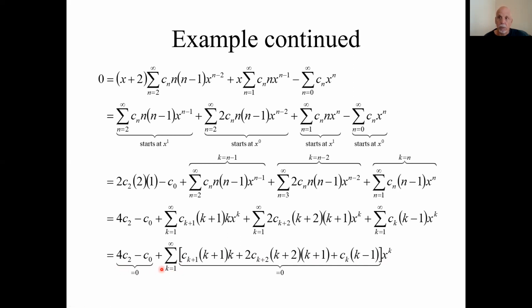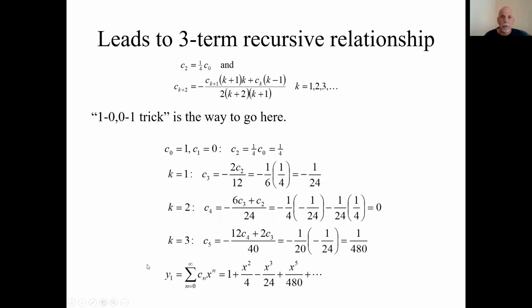And what's in front here must equal 0. So this tells us that c sub 2 equals 1/4 c sub 0. The brackets can be put in recursive form this way. And notice we now have a three-term recursive relationship. So you really want to use the 1, 0, 0, 1 trick here.